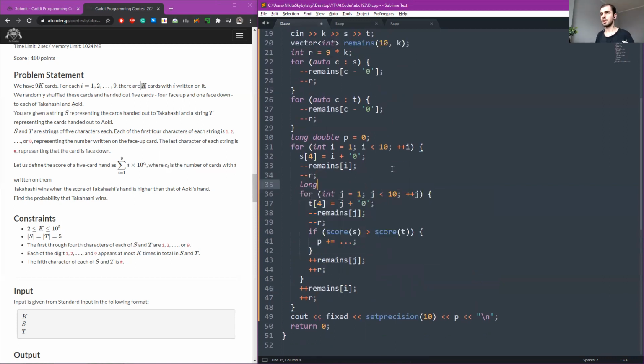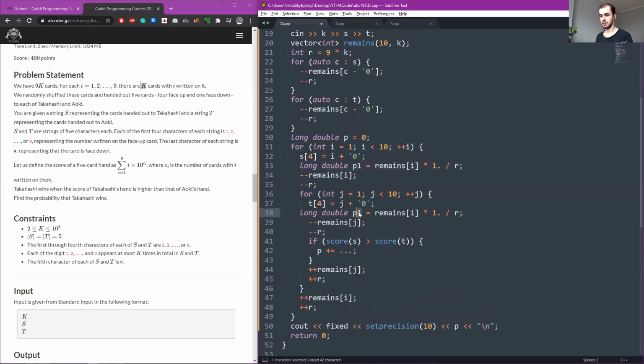Somewhere around here, I want to say something like double P1 is actually remains I over R. And of course, I want to convert it to this. Somewhere here, I want to say PI and PJ.